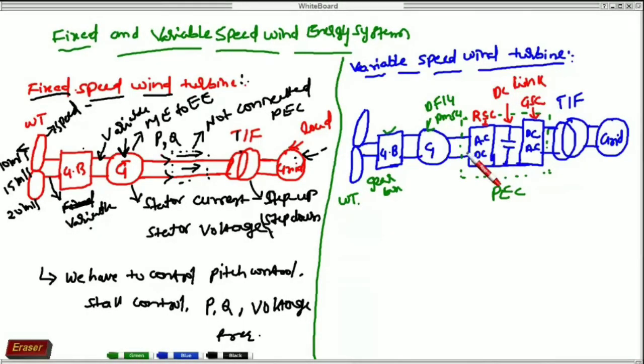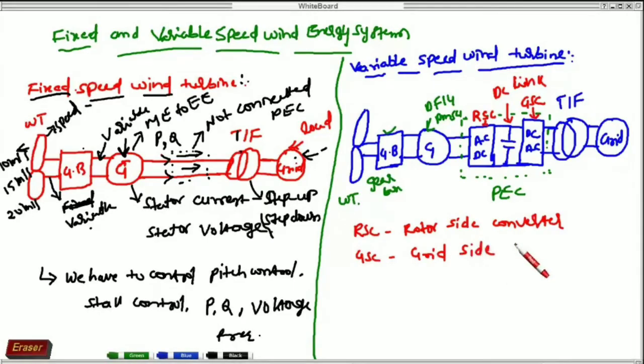The DC link is between the AC to DC rectifier and the inverter, right? RSC means rotor side converter, and GSC means grid side converter.